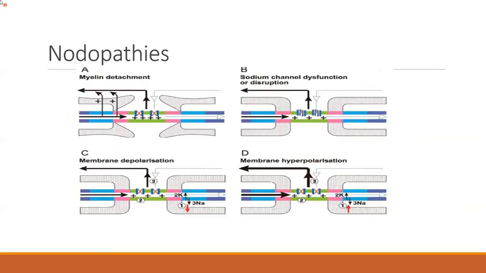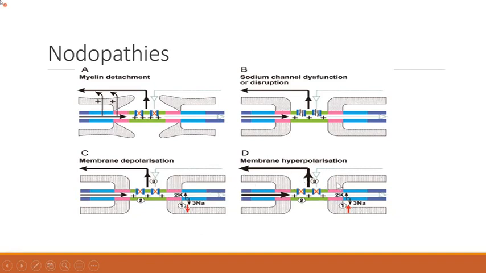So in nodopathies, what are the mechanisms by which there can be conduction failure? Due to myelin detachment at the paranode, the current leaks outside and the conduction will not occur further. There can be sodium channel dysfunction. There can be potassium channel dysfunction leading to membrane hyperpolarization.